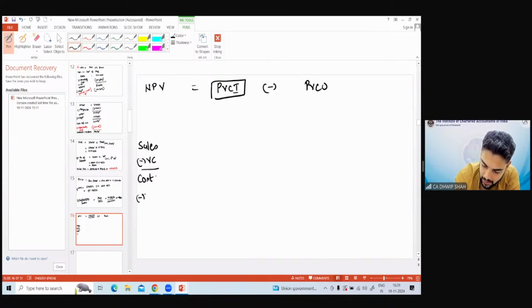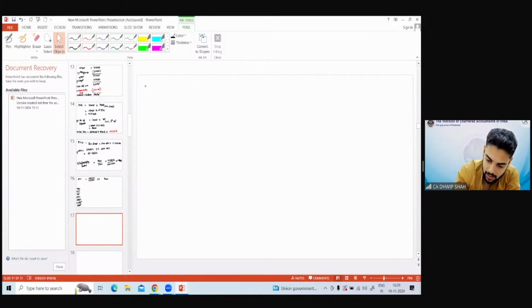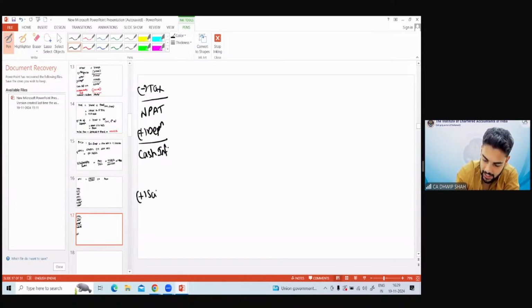Contribution less fixed cost will give me NPBDT, less depreciation will give me NPBT, less tax will give me NPAT. We will add depreciation back to this NPAT. I will get cash inflows after tax. Okay? And to this we will add any salvage.